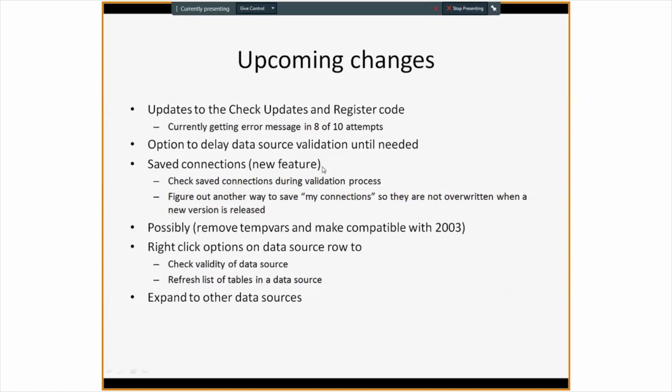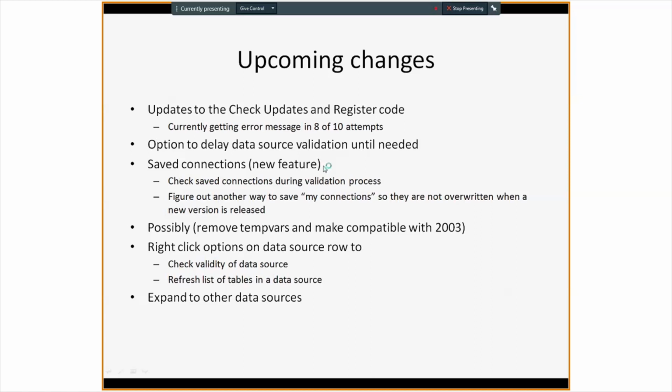The saved connections feature that I showed you is new. It's about a week old, and there are a couple of things that I want to do with it that will help. I'm actually saving user IDs and passwords if you want to. That's an option in the system, but I'm saving those in the database separate from the actual tables.